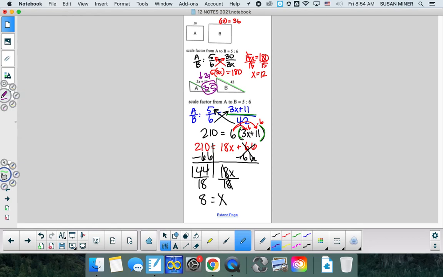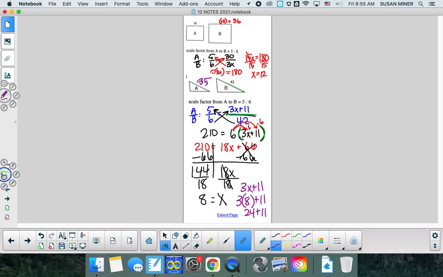All I did was take 3x plus 11 and put the 8 in for x. That gave me my 24 plus 11, which gave me my 35 up there. So there is my exact side length.